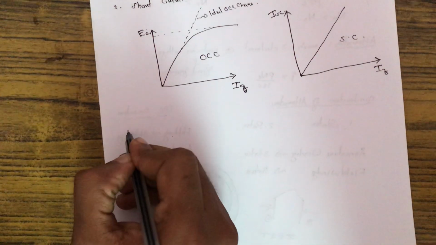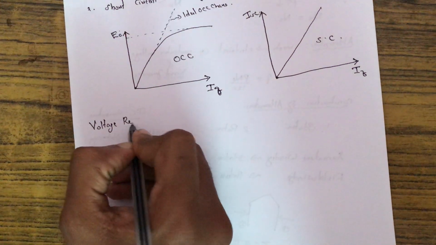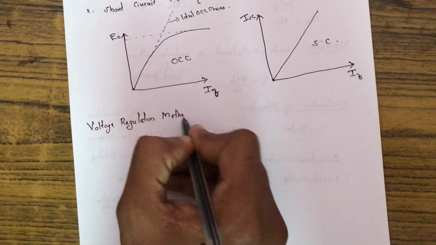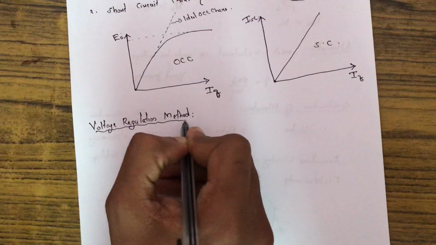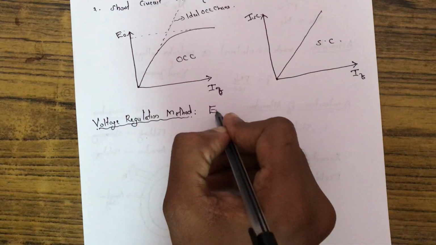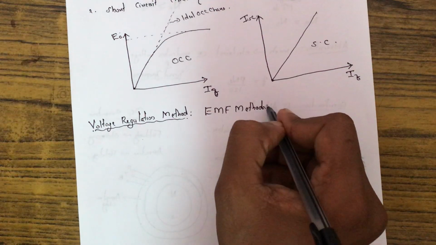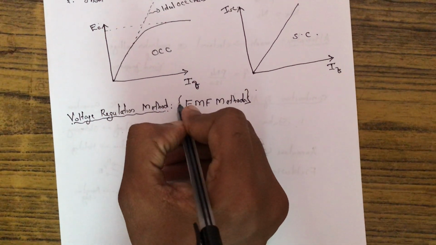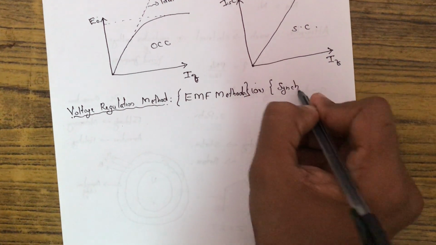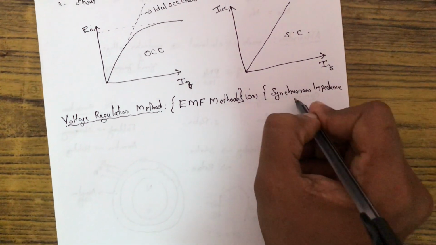So next let us see the voltage regulation method. We have to study only one method, that is the EMF method, or it is also known as the synchronous impedance method.